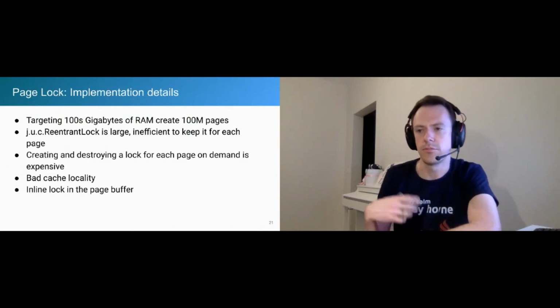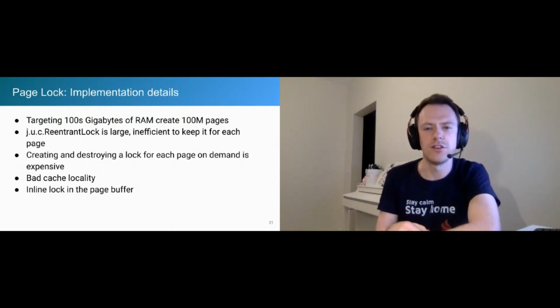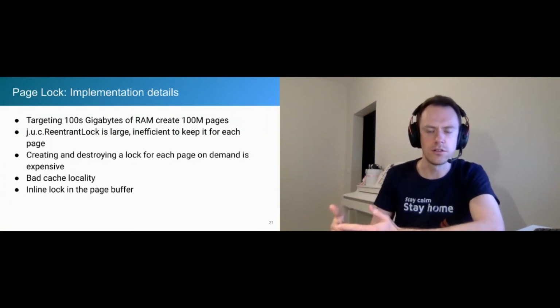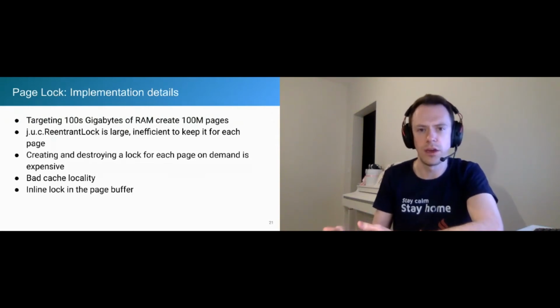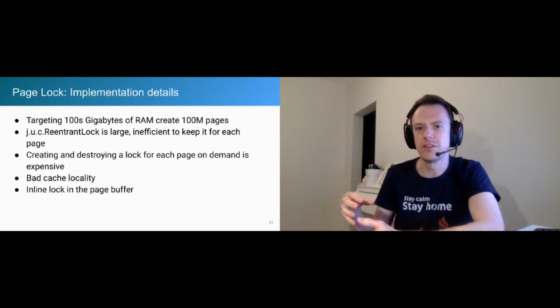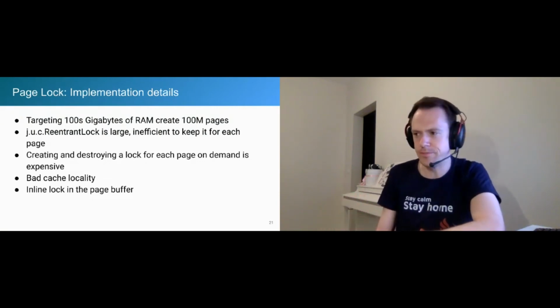But this approach requires additional synchronization points in order to coordinate log existence, because we don't want multiple threads to end up with different instances of the log for the same page. So we needed some sort of coordination for this case.